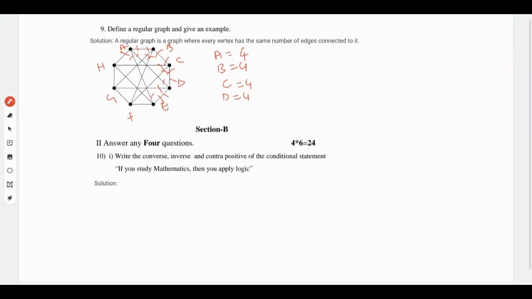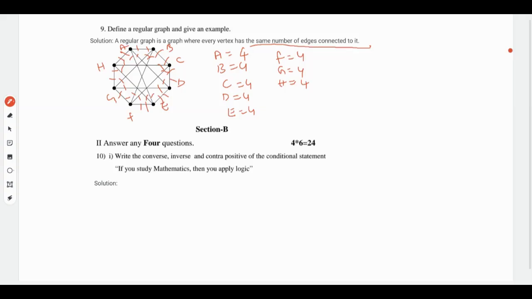E is also 4. F is also having 4. G is also having 4. H is also having 4. What it says is that the same number of edges should be connected to each vertex. So everyone is having the same number of edges, that is 4. Therefore it is a regular graph.